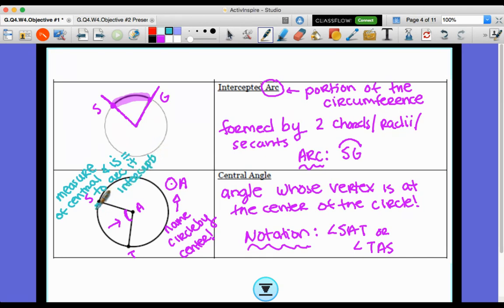So the arc this is intercepting is ST. So what we would know right here is that the measure of angle SAT is equal to the measure, that's what the M means, of arc ST. Look at all that good notation. Right, and this is something we're going to get into a little bit more next week, but just to give you a small preview of that.